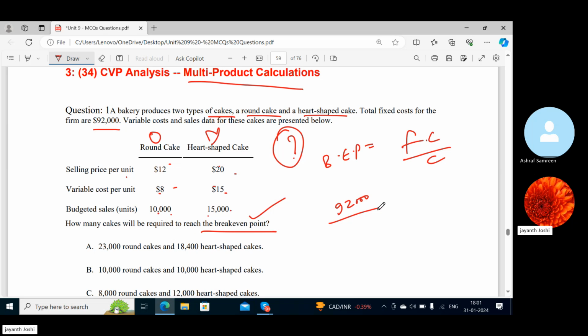Fixed cost by contribution. Just a second, I'm doing some calculation.